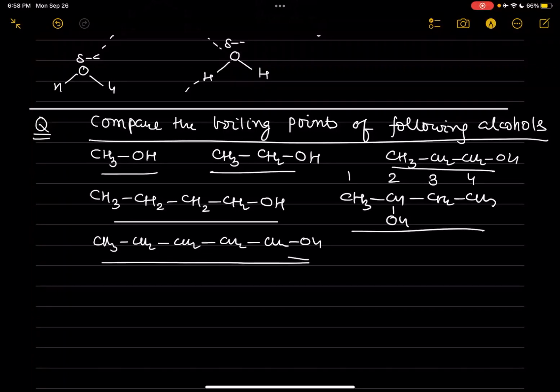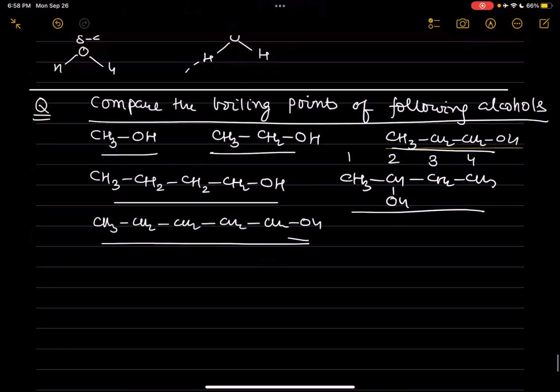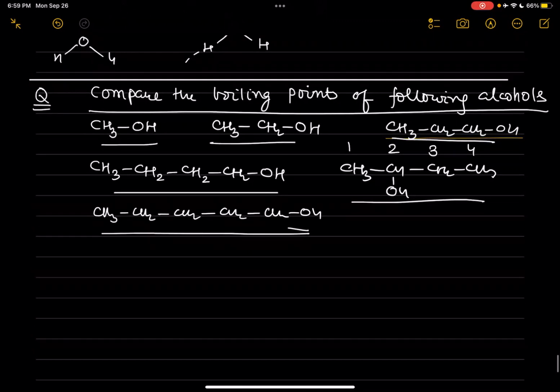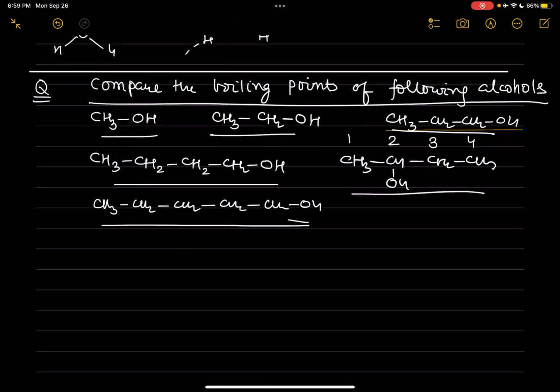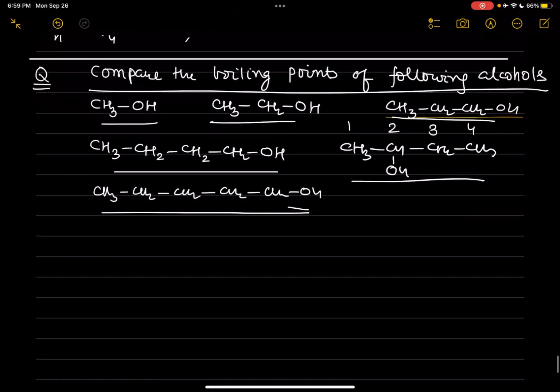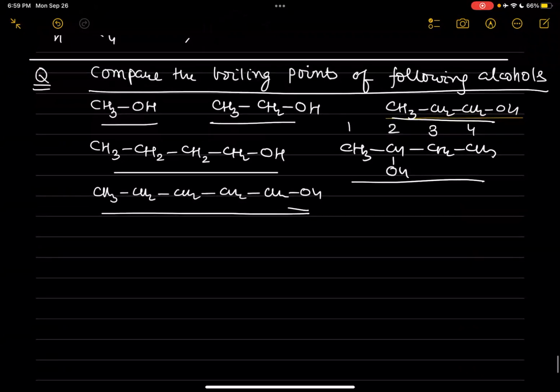So you need to tell me which one needs a high amount of temperature to evaporate or boil it. So all are alcohols. What's the order of the boiling point? Which is going to evaporate most easily?